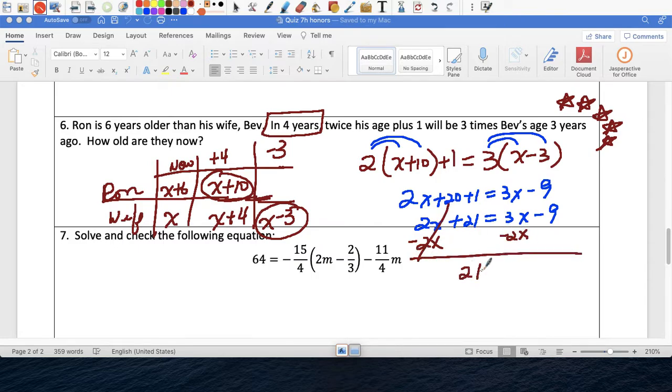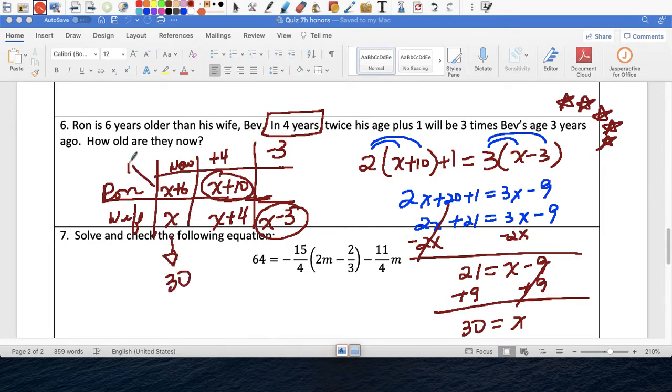That's 21. 3x minus 2x is x minus 9. Plus 9 on both sides, that goes away. x equals 30. So, how old are they now? Wife is 30 years old, which makes Ron just a little bit older, 36.